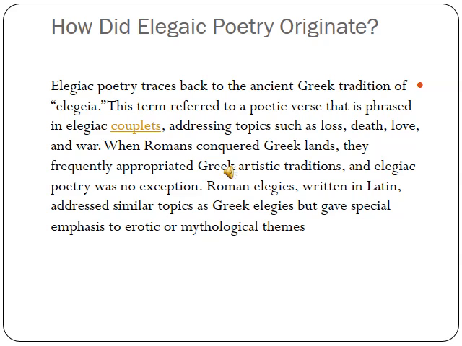So anyway, the original elegy comes from ancient Greek. It's a very old tradition, of course. It's a couplet, which means two, and the topics are loss, death, love, and war. It's related to romance and the Greeks.